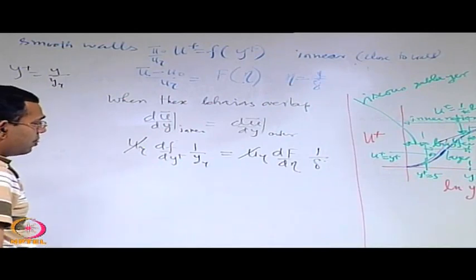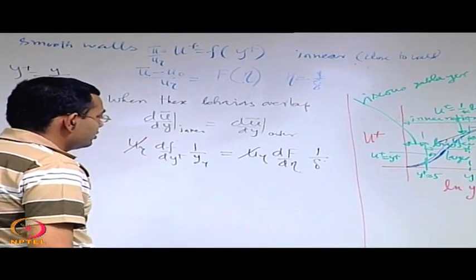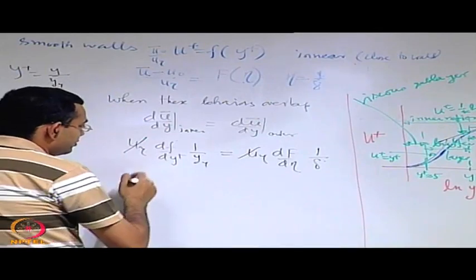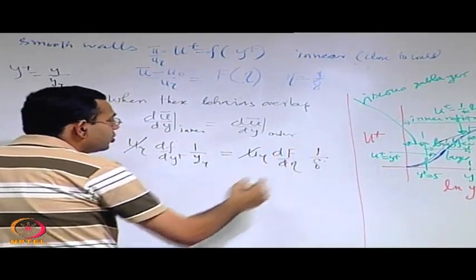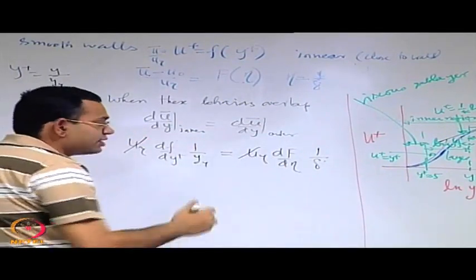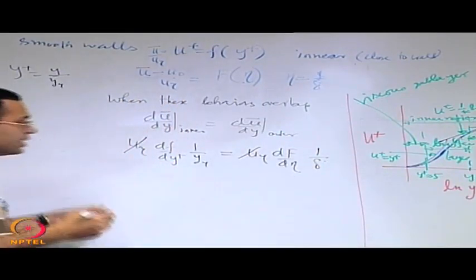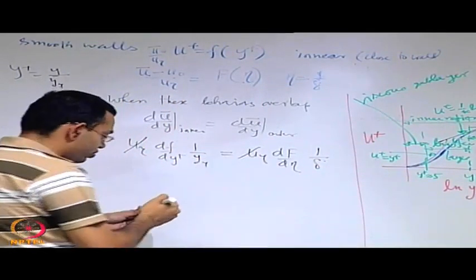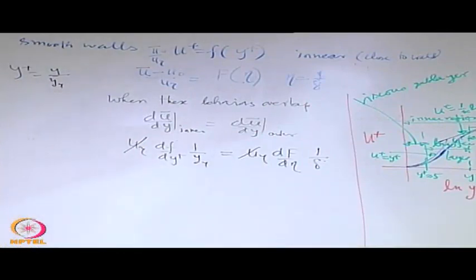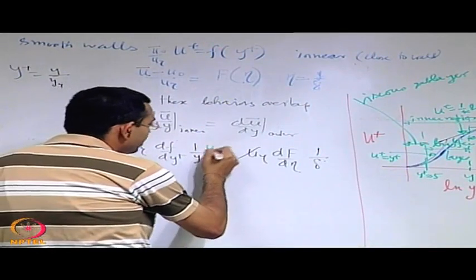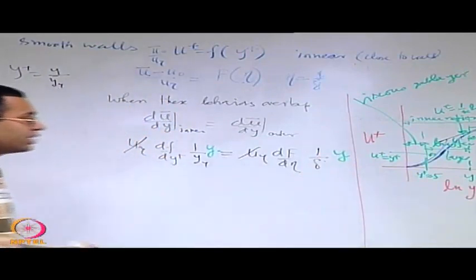Then you multiply both numerator and denominator by y again, because let us recover the y plus and eta, that will be better. So let us write it in terms of that. You multiply this by y, and this also by y, so that you get back the variables y plus and eta.